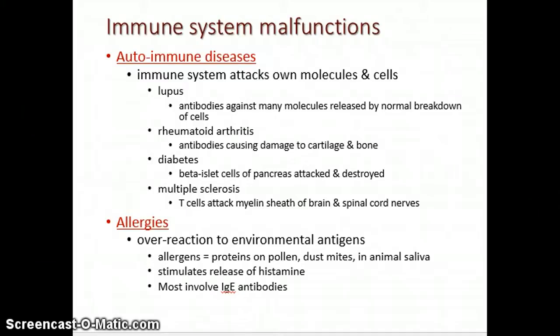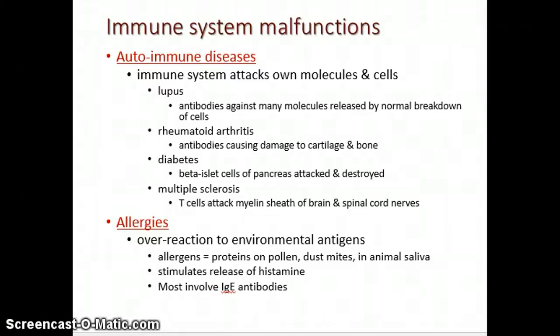So again, an allergy is a hypersensitive or exaggerated response to different environmental antigens. These environmental antigens that get this kind of response are called allergens. The most common allergies involve antibodies from the IgE class of immunoglobulins.